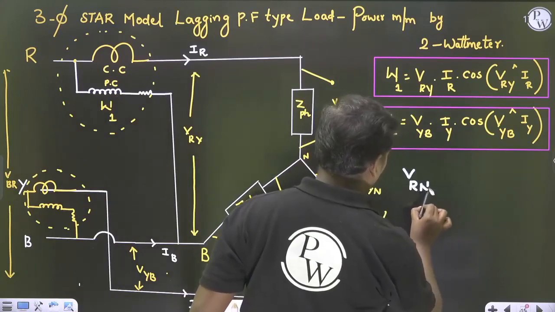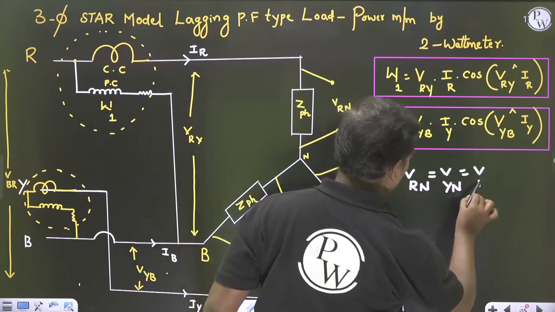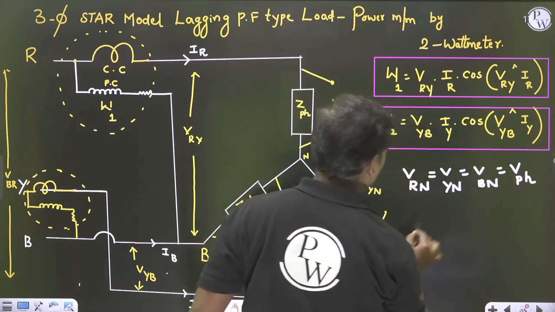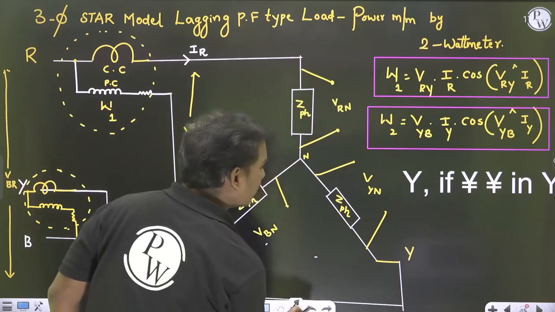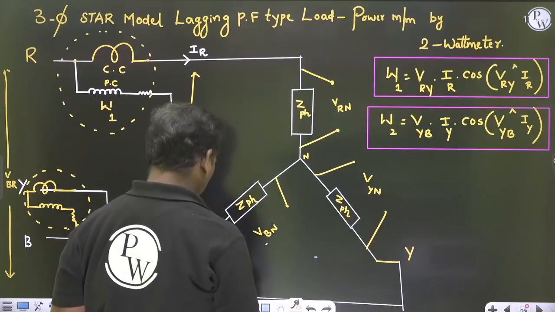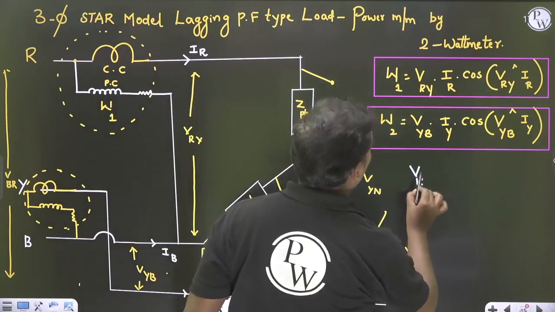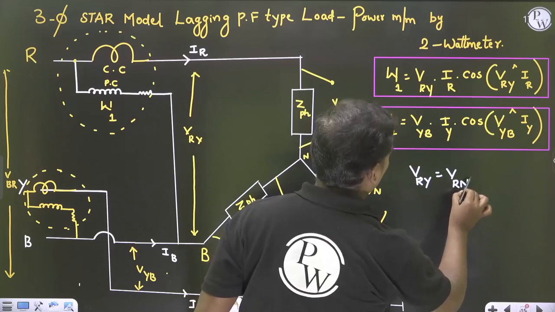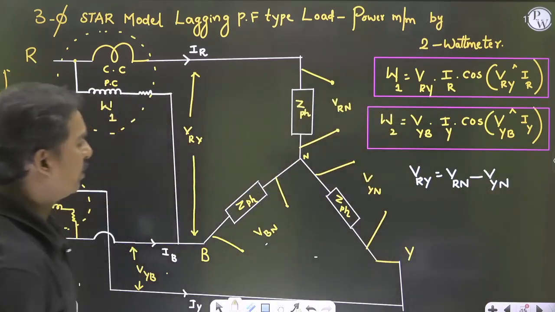VRN, VYN, VBN, these are phase voltages. VRY, VRY can be written as VRN minus VYN. Right?